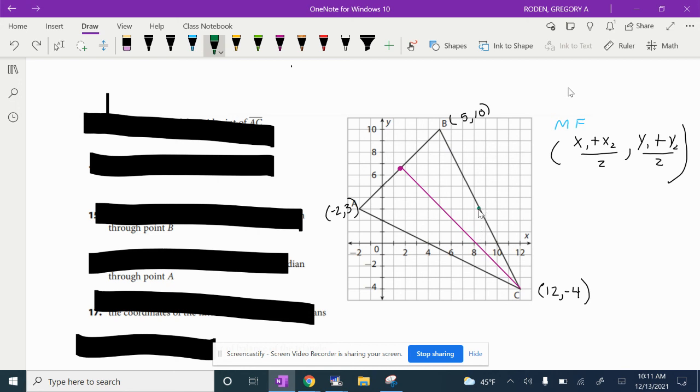So it's about right here. Is that good, guys? Nicole, do you agree with that? Yeah. Okay. So now we are going to make a median from here to here. Okay, Mr. Roden.